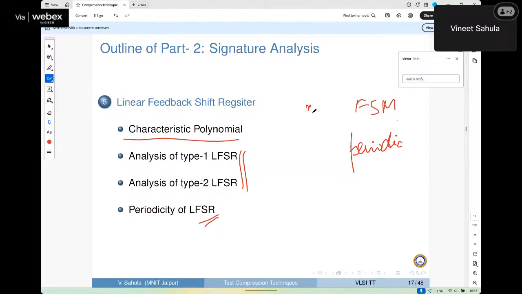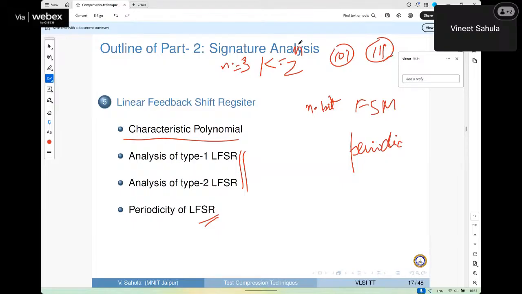If it is an n-bit coded FSM, we represent one state vector as n bits. For 3 bits, how many states can I have maximum? Number of states, k, is 2 to the power n.